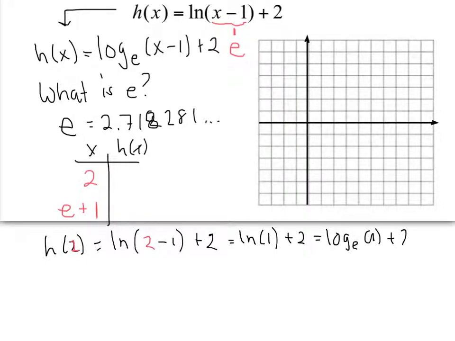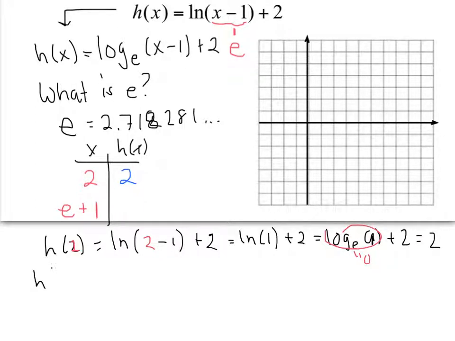But I've told you to memorize that when you plug in 1, no matter what the number is, you're going to get 0. So this part right here is just 0, so I just get 2. So this is equal to 2. So on my table, when the input is 2, the output is 2. Alright, not too bad. So let's try the next one.